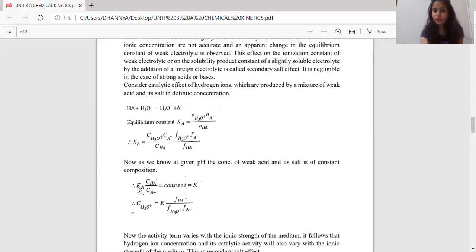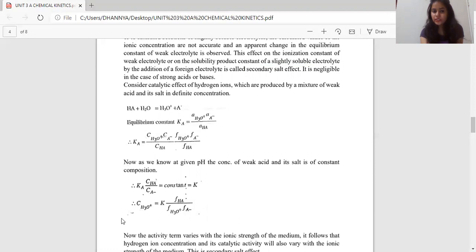So if I take the value of K of HA into C of HA upon C of A minus as a constant K, the new equation that is formed is C of H3O plus equals K into F of HA upon F of H3O plus into F of A minus.